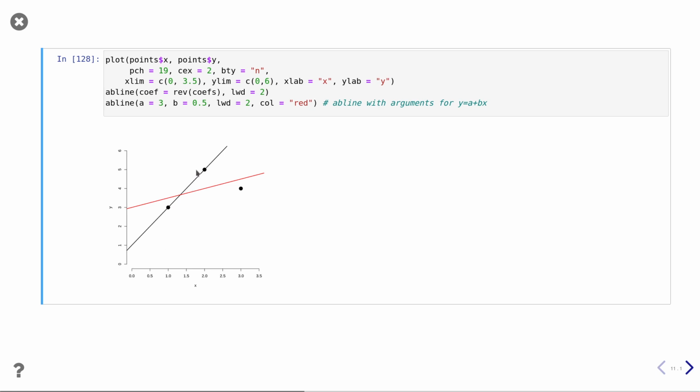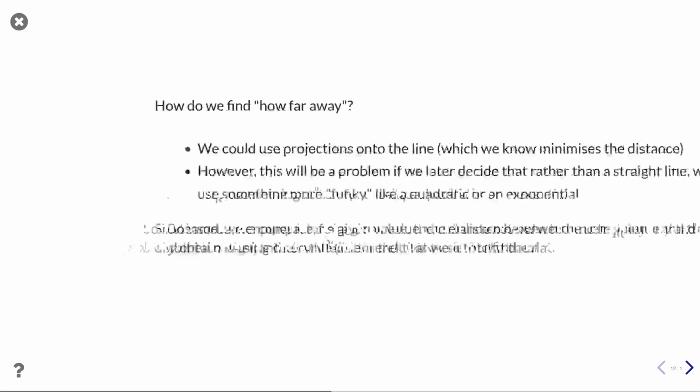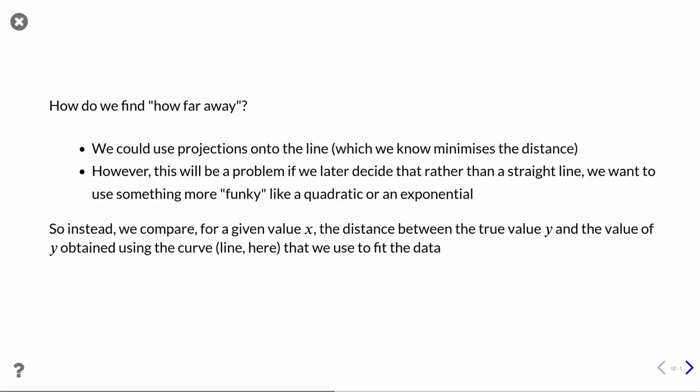If I want to evaluate the distance between these points and the red line the same way, I would project orthogonally here and here and here, and obtain a certain distance. The only problem is, here I'm using the example of a straight line.